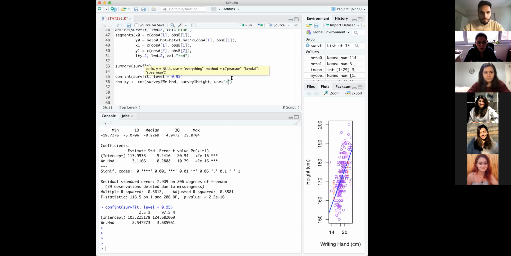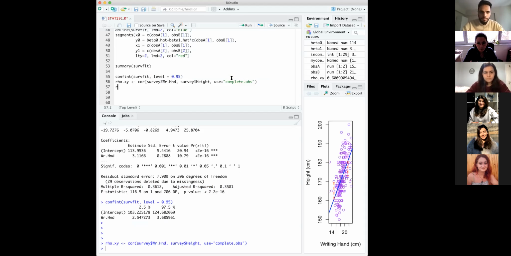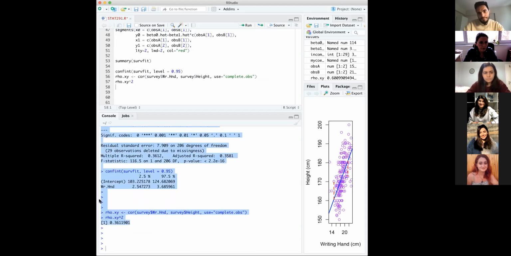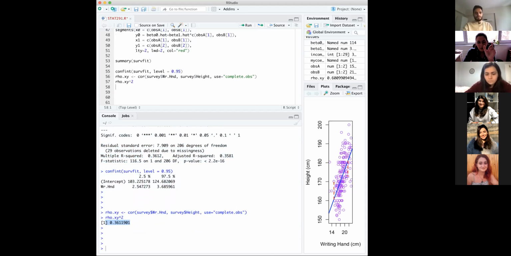And please use complete observations in here, and when you just get the square of this, you will get almost the same results, just this one. Okay, here is my R square, here is my R square. So this tells you that about 36.1% of the variation in the student heights can be attributed to the hand span.